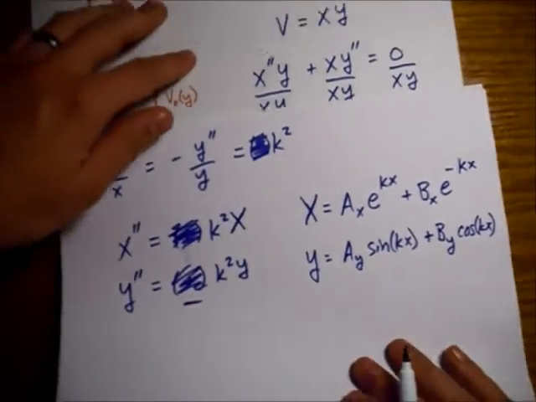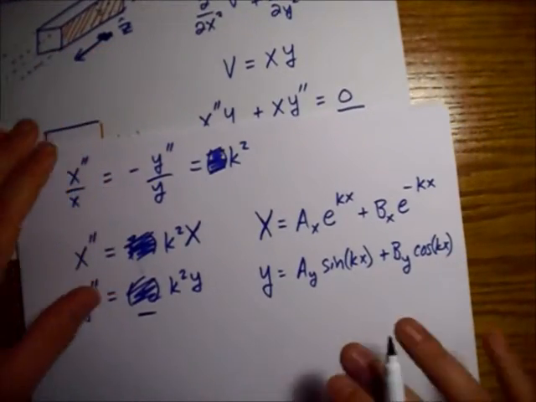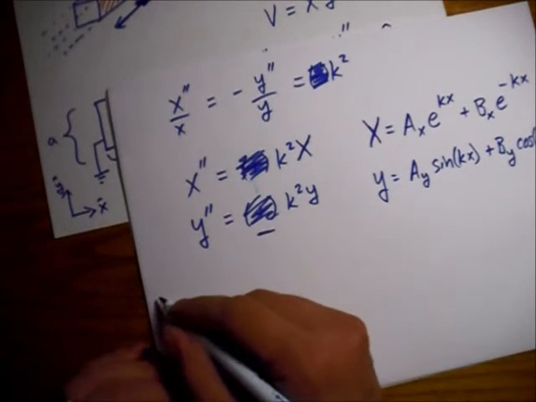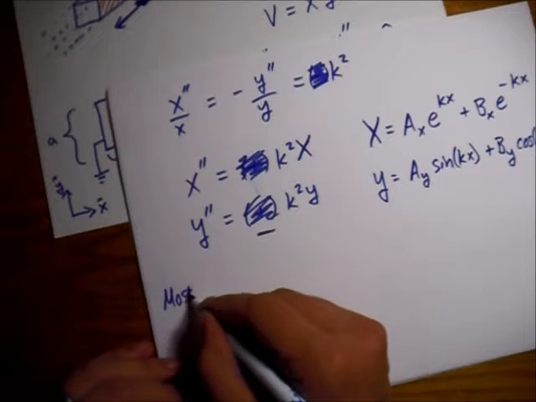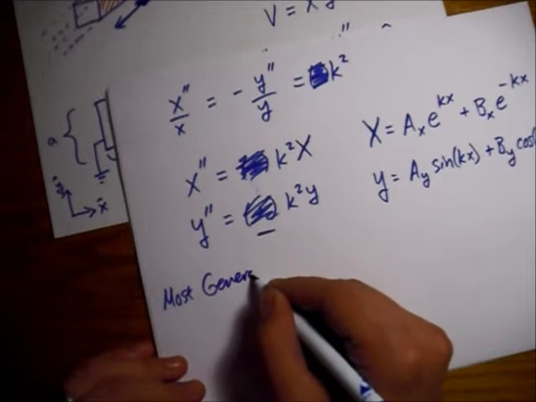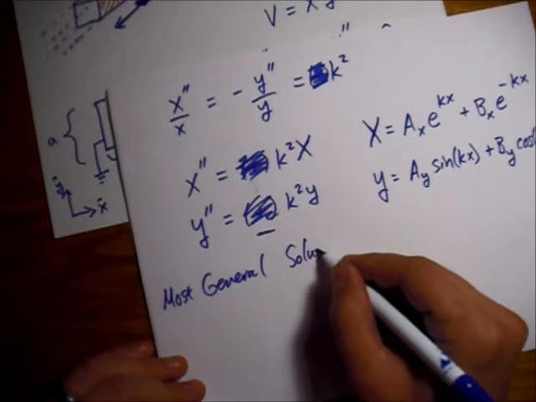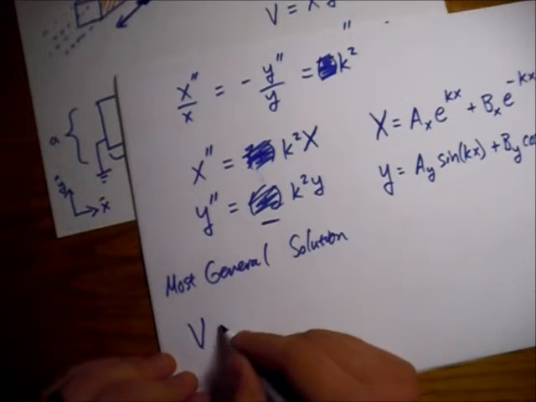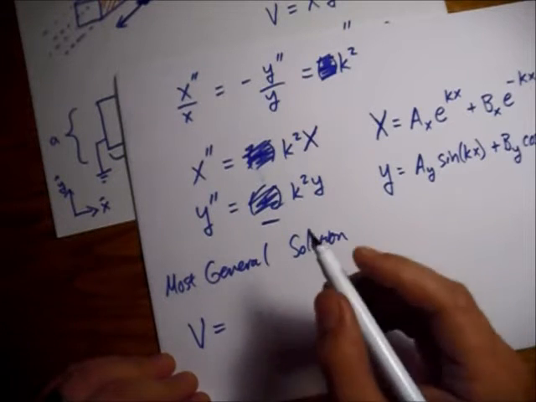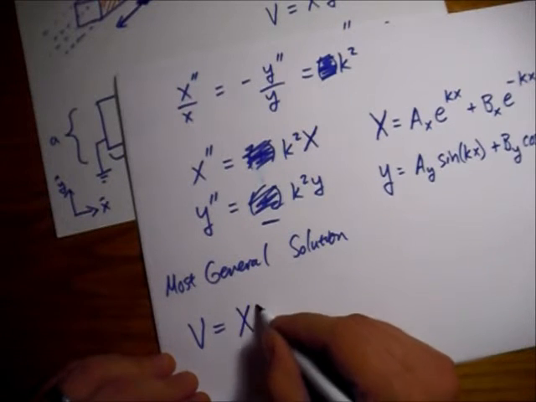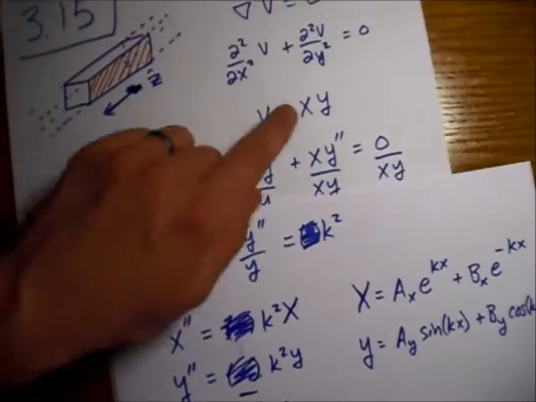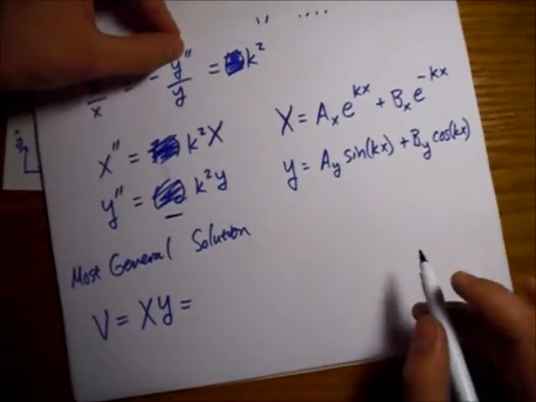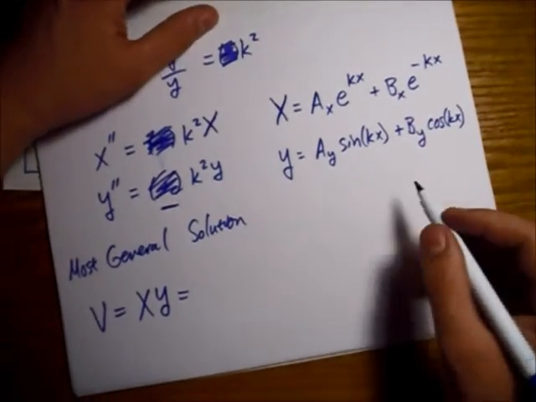Again, in general, let's write out the most general solution that we can find. V is equal to X(x)Y(y), what we set up here, and that's equal to these two pieces multiplied together.